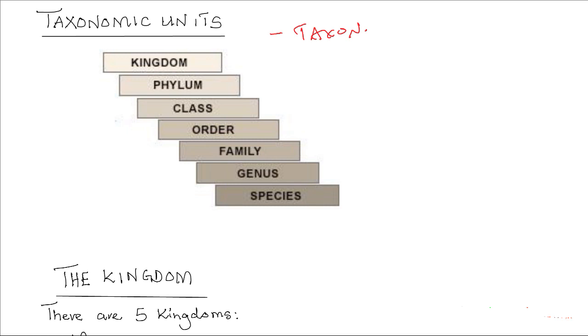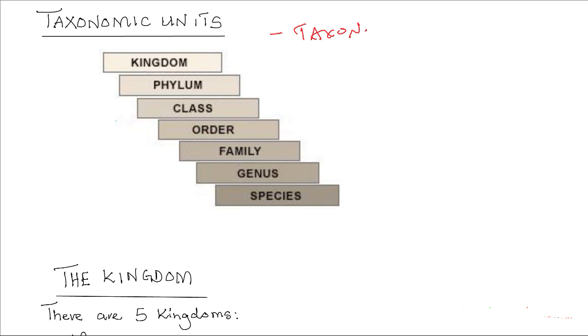They have certain observable characteristics that are similar. So they are placed in one group, and that group is known as a taxon. Now, each taxon or taxonomic unit reflects the position of an organism in relation to the others in the classification scheme.